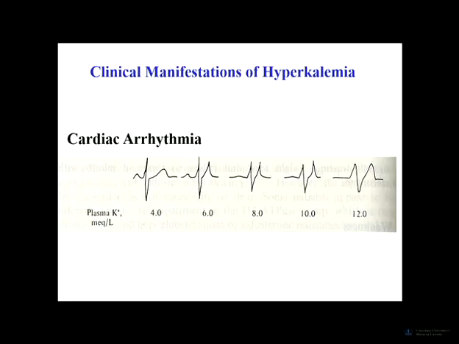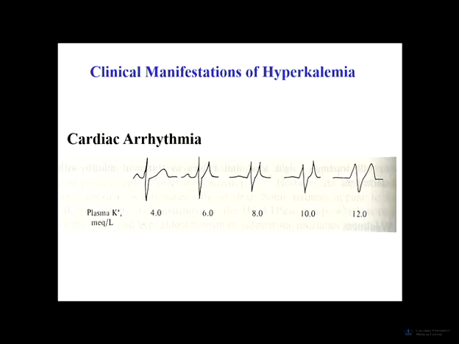Hyperkalemia means the membrane potential is depolarized, not hyperpolarized, and therefore it's hyperexcitable, and that's why you can get essentially ventricular fibrillation from it. And the characteristic finding is these peaked T waves that you start seeing when the plasma potassium gets elevated.